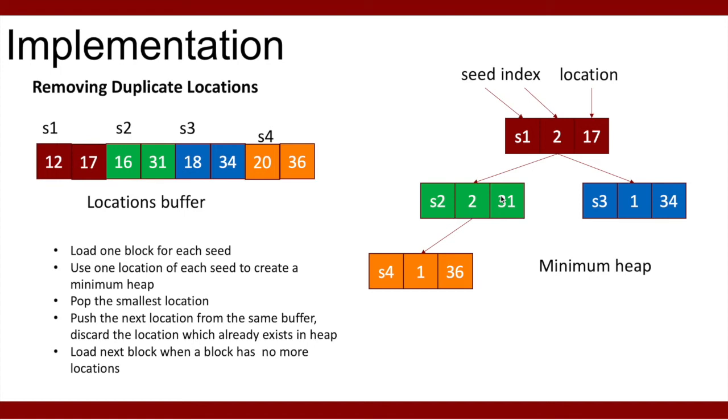When a location pops out, we select the next location of that seed and insert it. When a location which needs to be inserted already exists in the heap, we discard it. A new location is inserted if there is no duplication. We stop when there are no more locations. This method significantly reduces the time required for sorting.